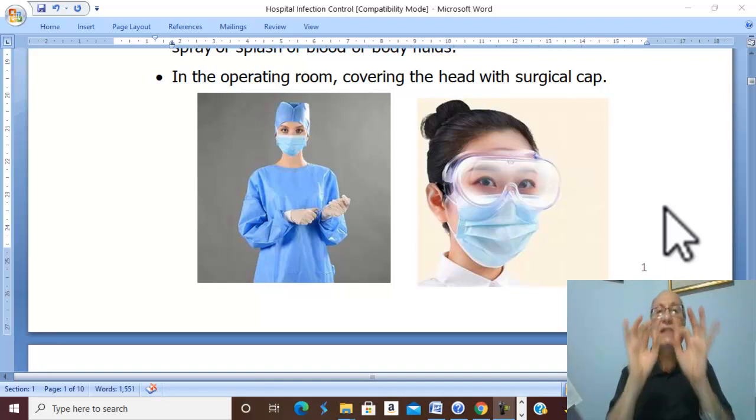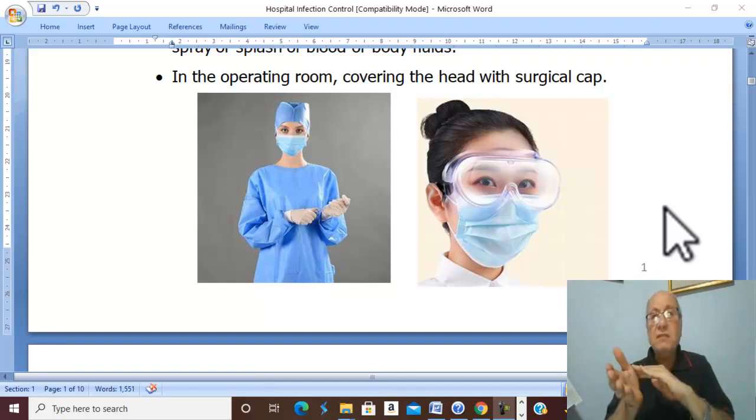This is the most important precaution to prevent nosocomial infections. Washing and decontamination of the hands should be performed before and after contact with the patient or after touching blood, body fluids, etc.